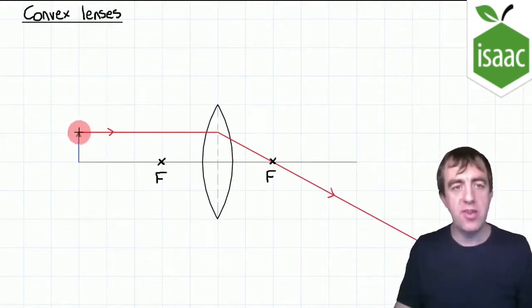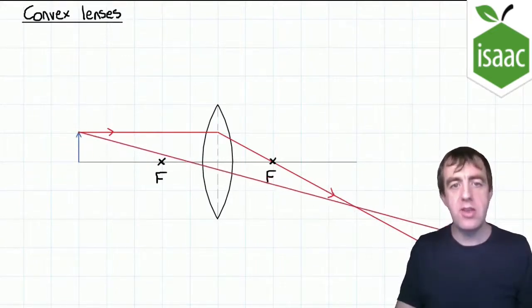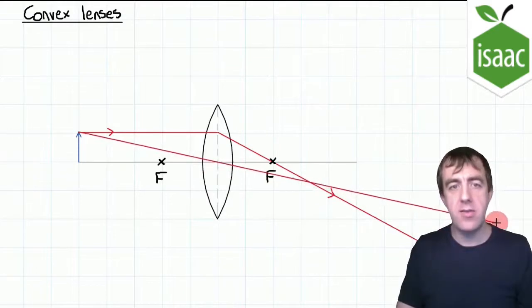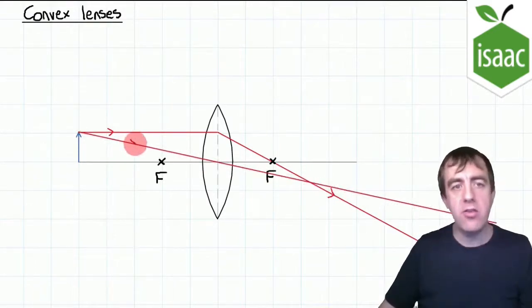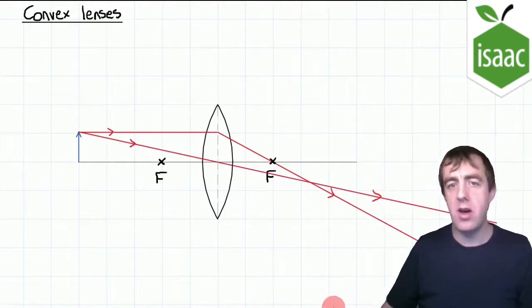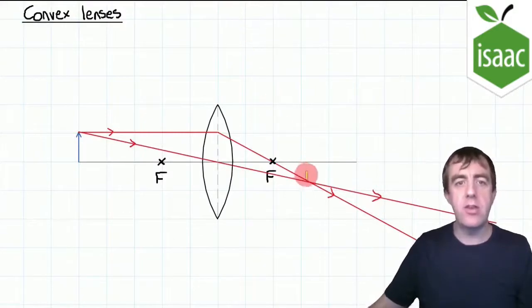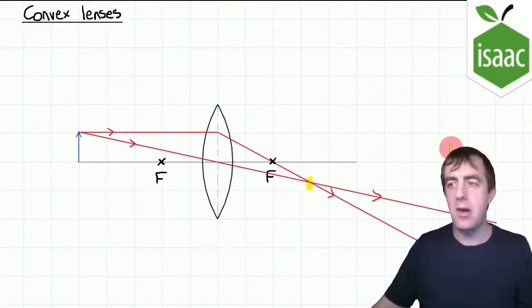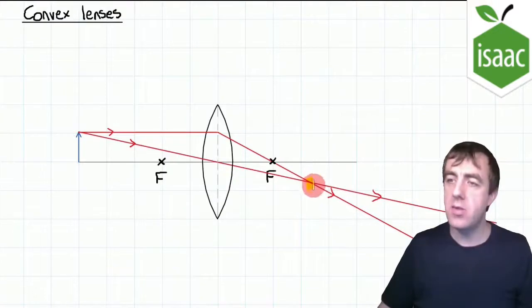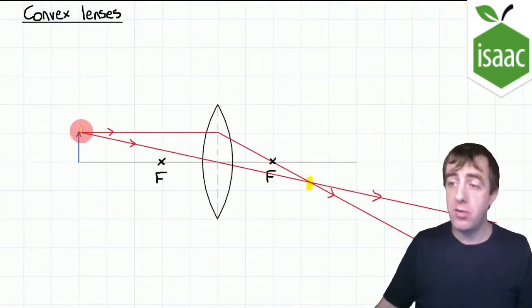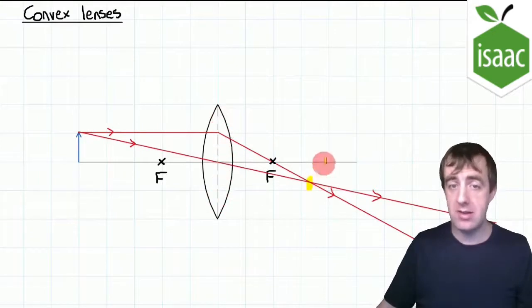The second principal ray passes straight through the center of the lens, undeflected. Again, take extra care when drawing the rays to make sure that you're happy with where they are. Use a ruler. And you'll see the two rays cross at this point here. This point here is where the image forms from the light that passes from the top of the object through the lens.